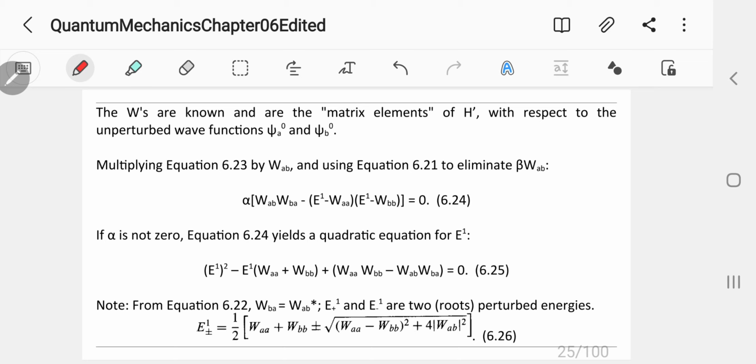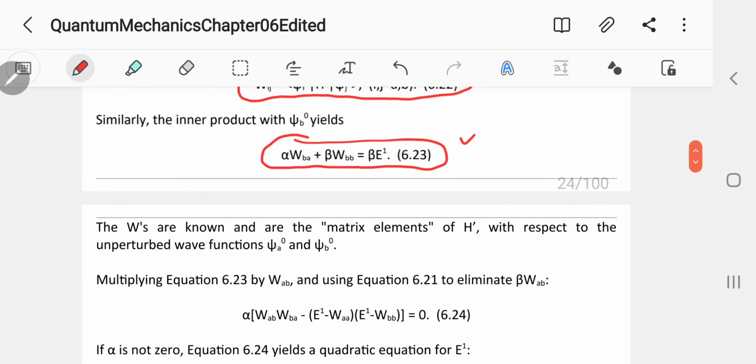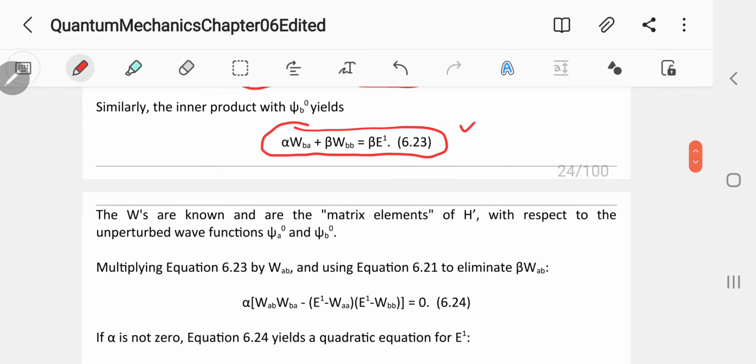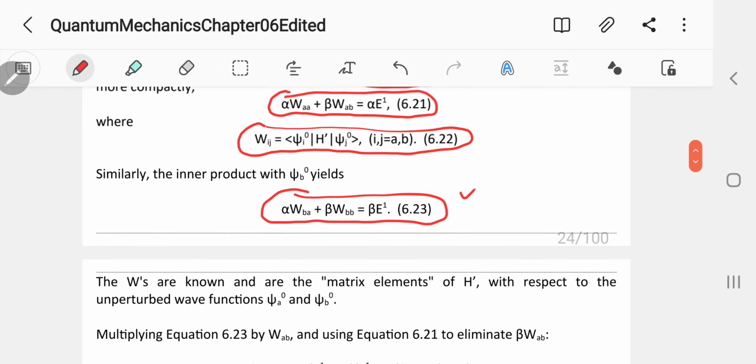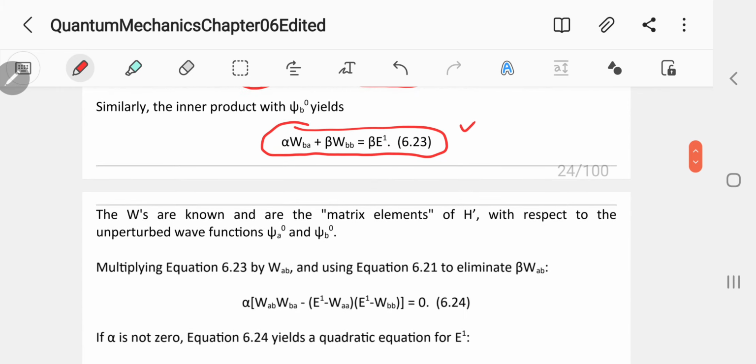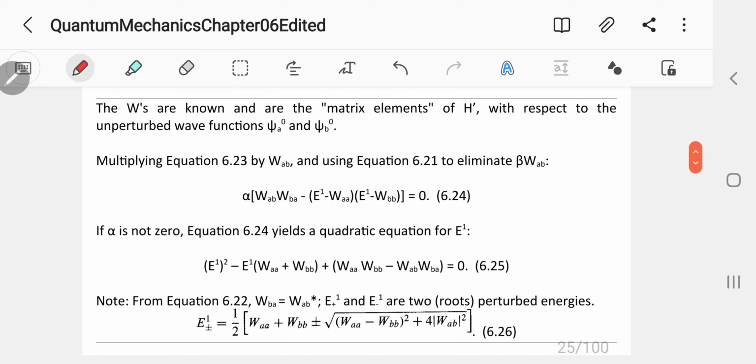And now multiplying equation 6.23 by WAB and using 6.21 to eliminate beta over alpha, we will now have a quadratic equation for E1.